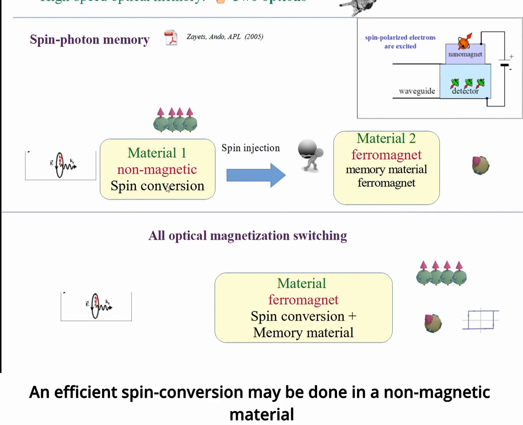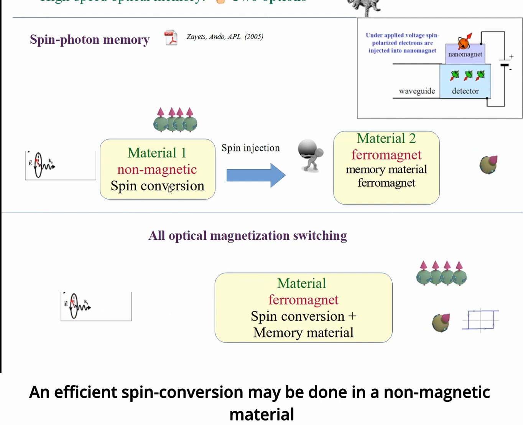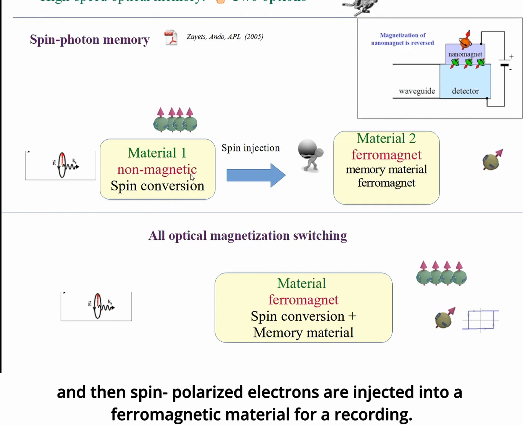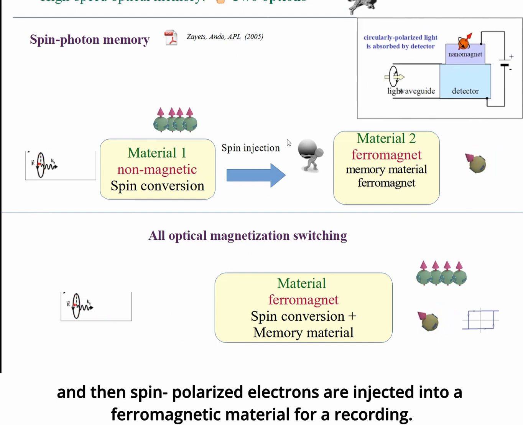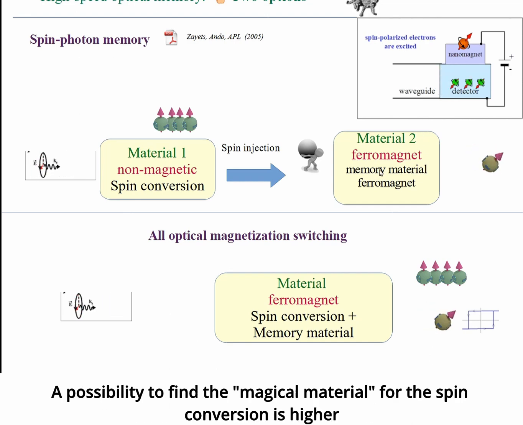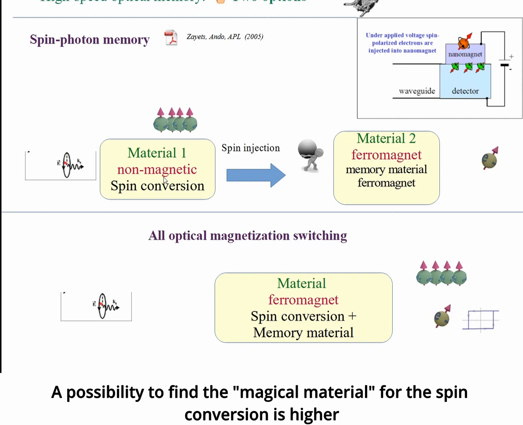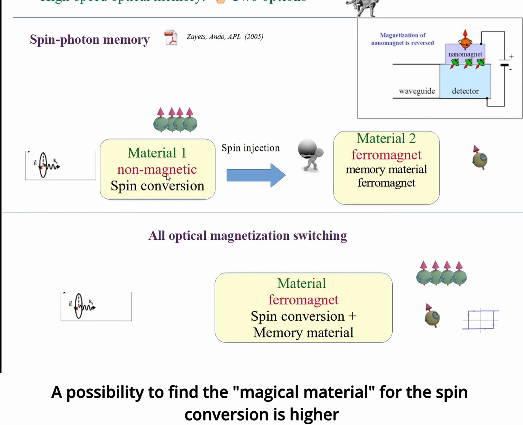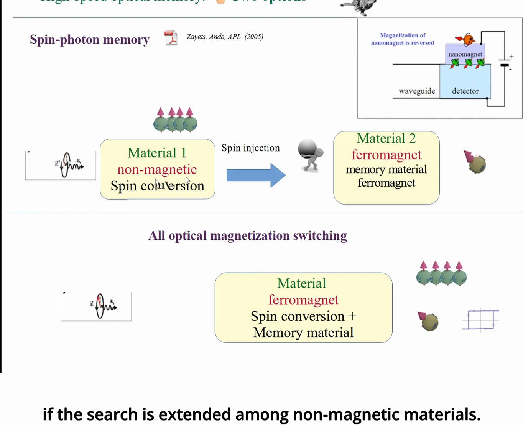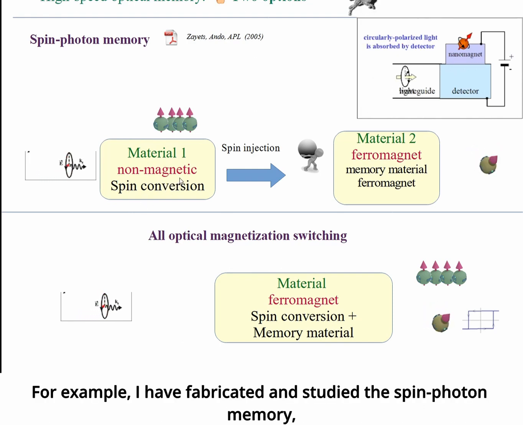An efficient spin conversion may be done in a non-magnetic material, and then the spin-polarized electrons are injected into a ferromagnetic material for recording. The possibility of finding a material for spin conversion is higher if the search is extended among non-magnetic materials.